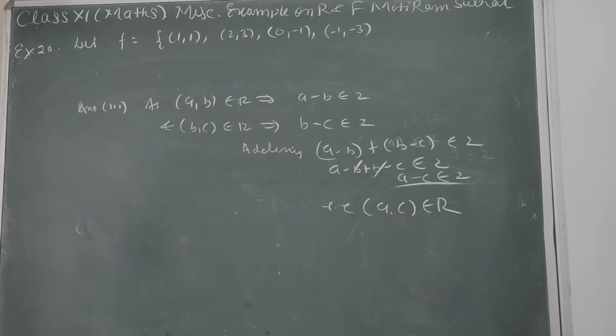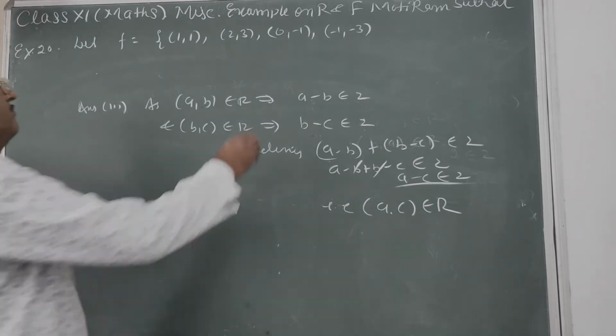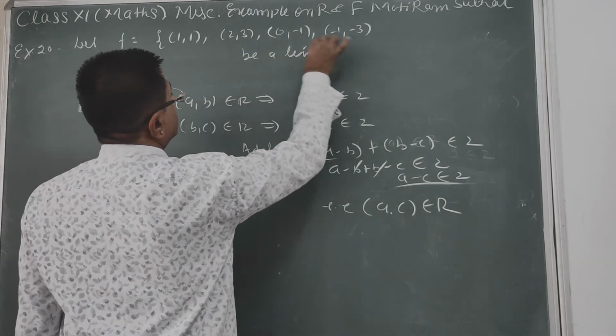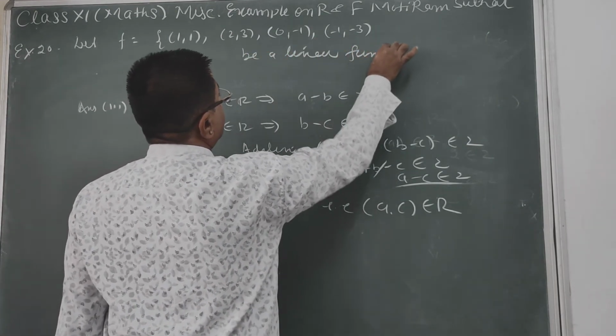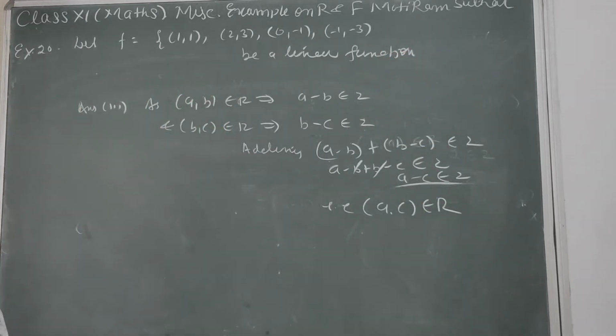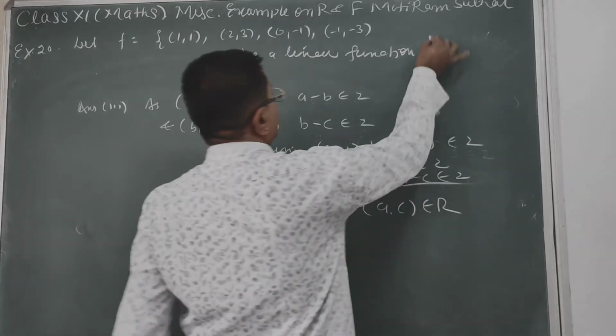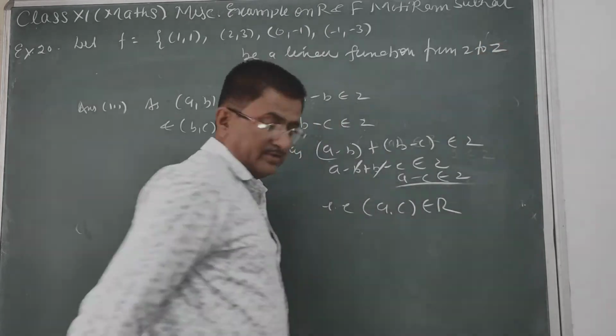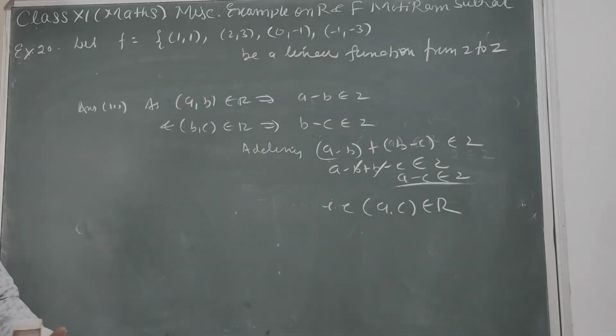Now the problem is that this is given as a linear function. Let f be a linear function from Z to Z. Then find that function.